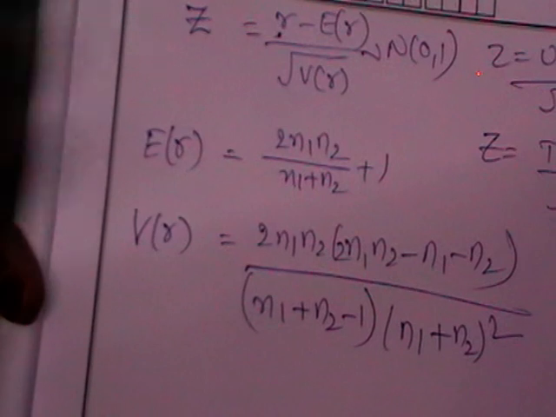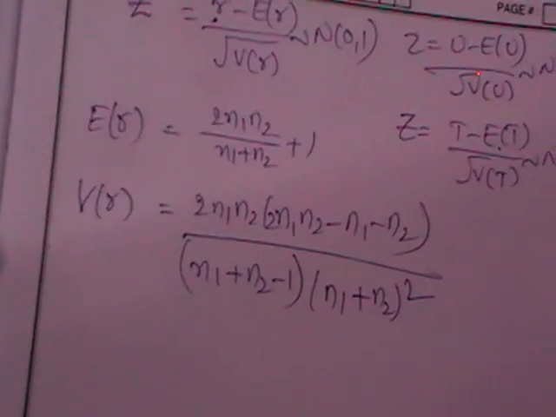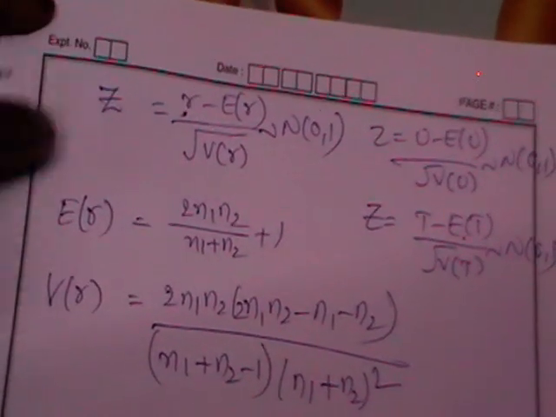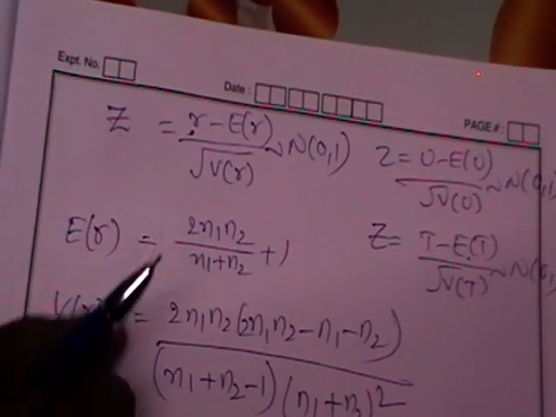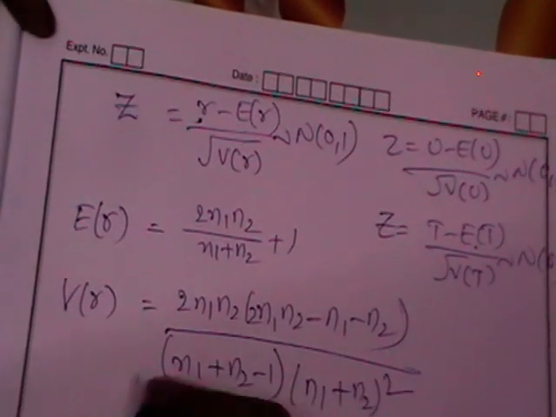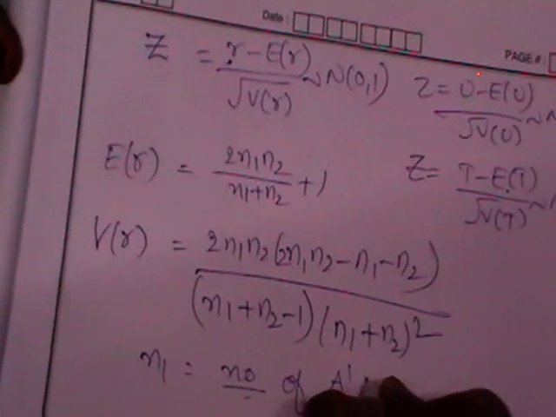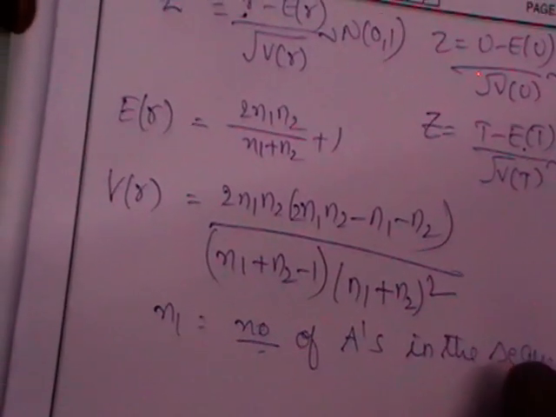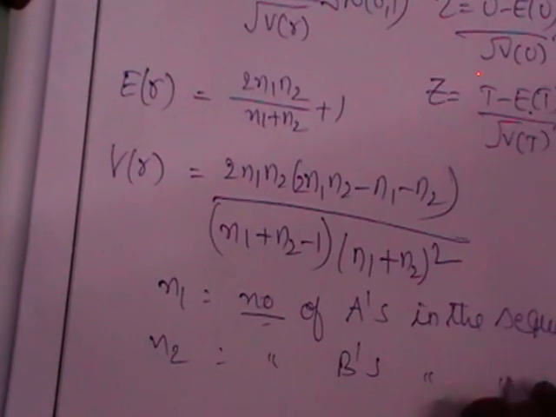Meanwhile, to write the test statistic under the run test, you should count the number of runs, let it be R. Then based on R, the test statistic Z will be Z is equal to R minus E of R by root over V of R. The formulas for E of R and V of R are these. N1 is the number of A's in the sequence, and N2 is the number of B's in the sequence.